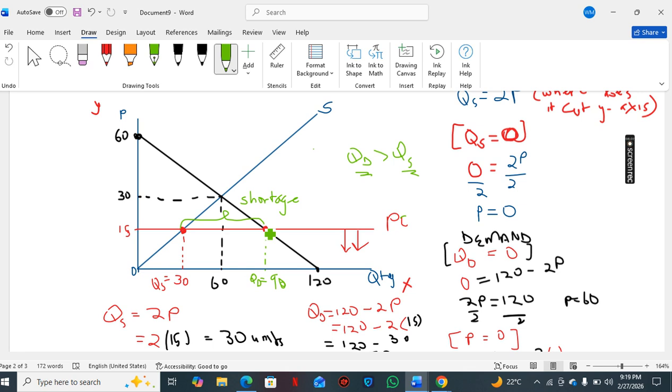The effect of the price ceiling is a shortage, because quantity demanded is going to exceed quantity supplied. The supplier is only willing to produce 30 units, but the customers are willing to buy 90 units. So you're going to have a shortage.